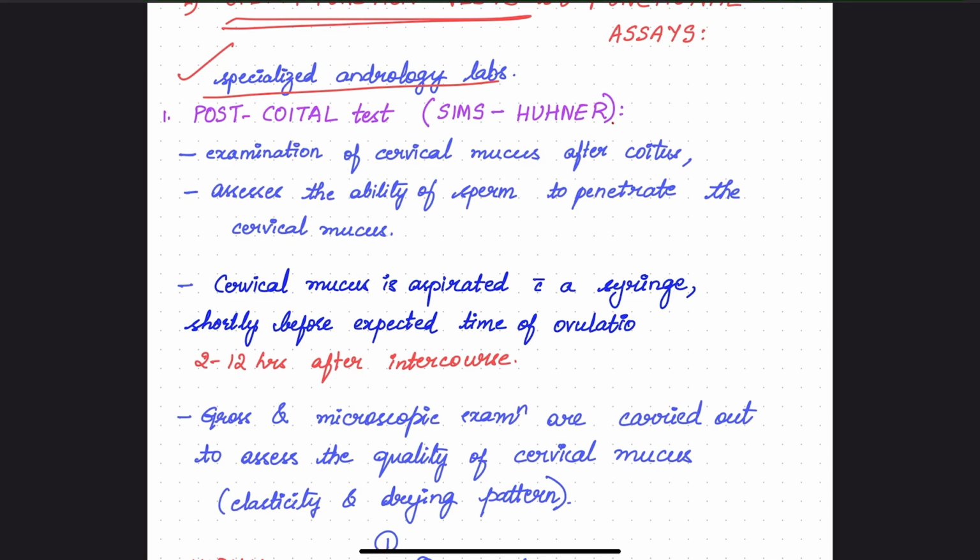In the postcoital test, you examine cervical mucus after intercourse to know the ability of sperm to penetrate the cervical mucus.